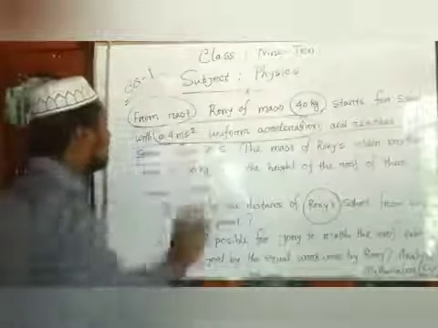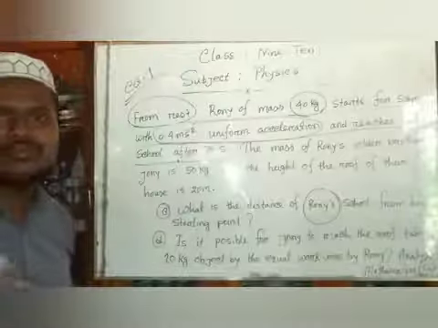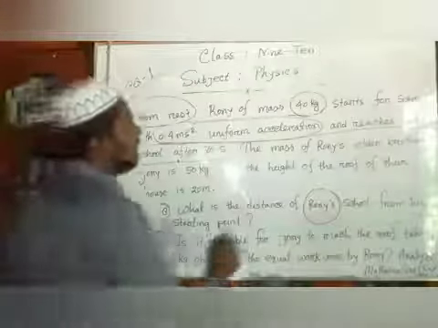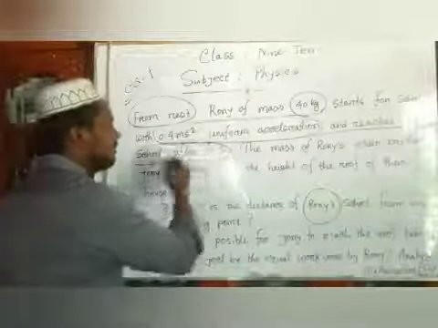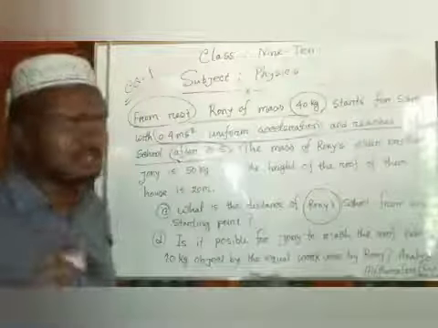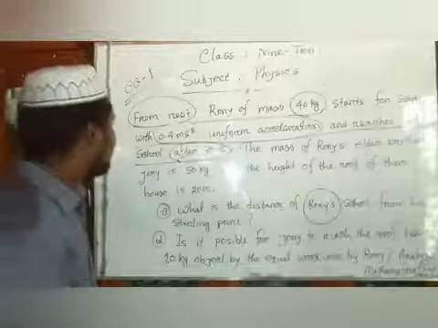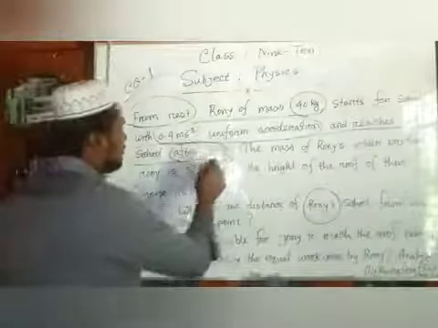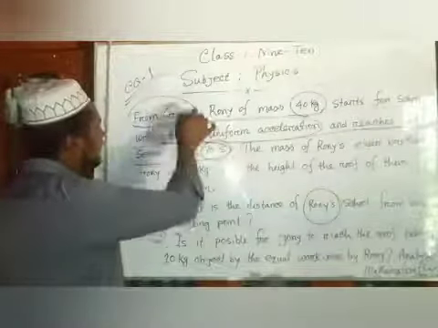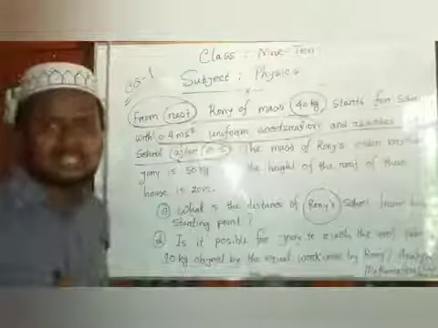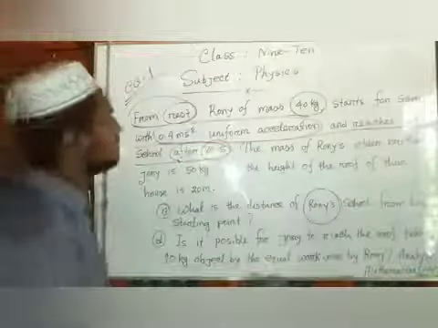Uniform acceleration a is 0.4 meter per second square. He reaches school after 70 seconds, that means time 70 seconds. From rest, that means initial velocity u is 0 meter per second.